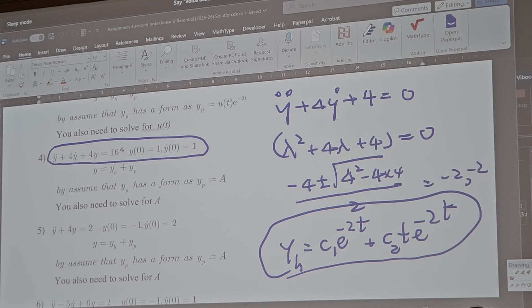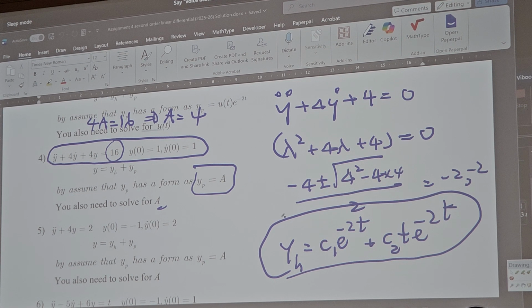If the input is a constant, normally we can assume yp equal to a. Substitute this one, solve for a. In this case, 4a equals 16, so a equals 4.